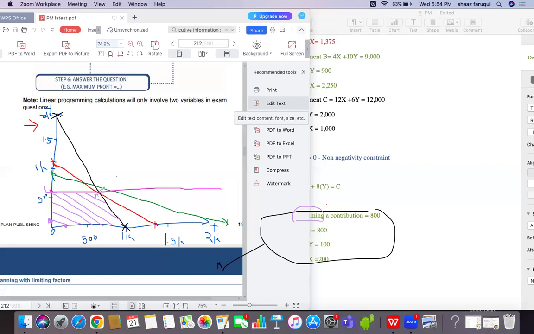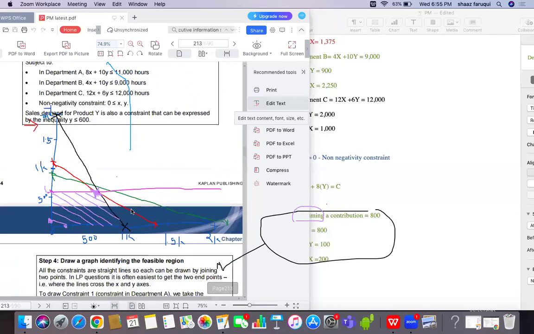Therefore, we will produce those many x's and those many y's. At this point, this is the point where we get our answer, because that is the farthest away point within the feasible region using the contribution line. So at that point, you have the highest contribution. So we have to know and investigate this further.